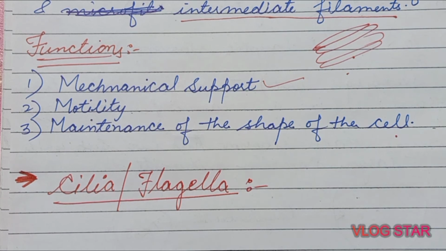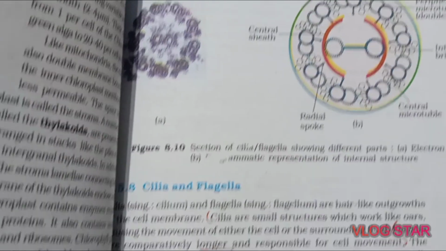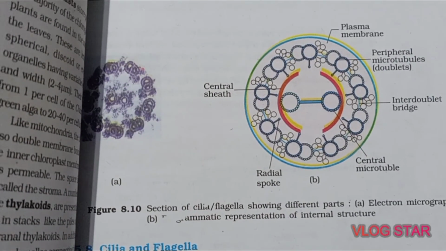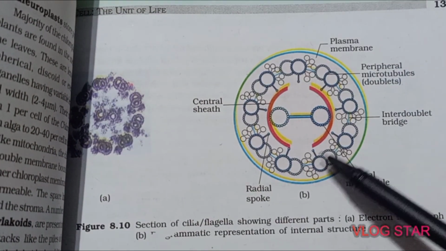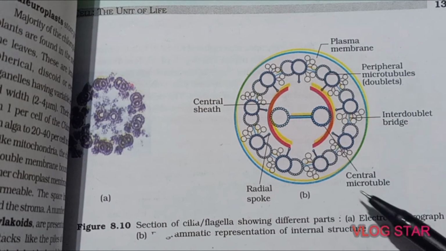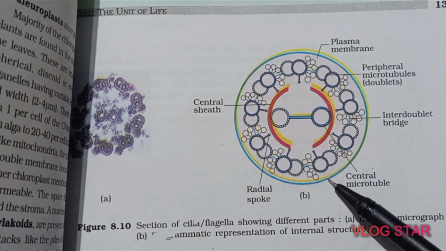So you can see it's very nicely described in your book, so I'll take the help of your book. So look here, you can see here the internal structure of cilia and flagella they have shown.